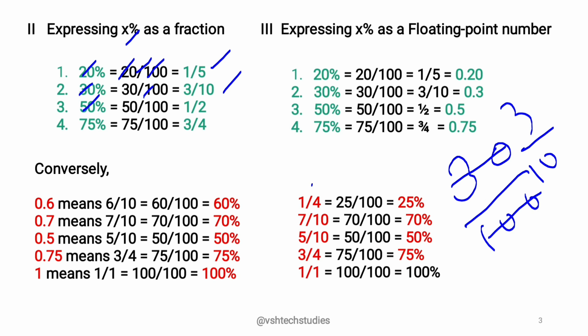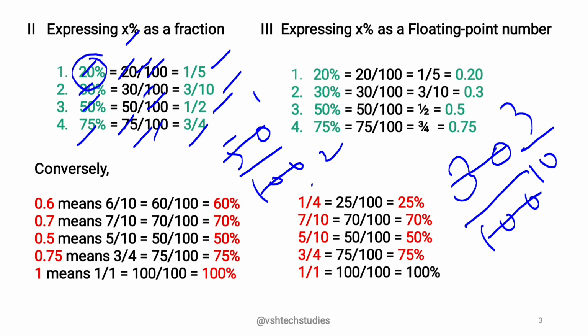Similarly 50% means 50 by 100, so 50 ones are 50, 50 twos are 100, so in fraction it is 1 by 2. Similarly 75% is 75 by 100. So 25 threes are 75, 25 fours are 100, we get 3 by 4. So this is how, given the percentage, it can be converted to an equivalent fraction.